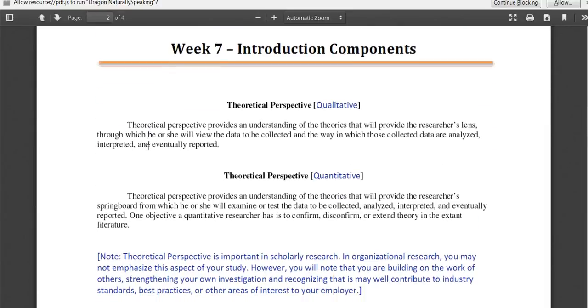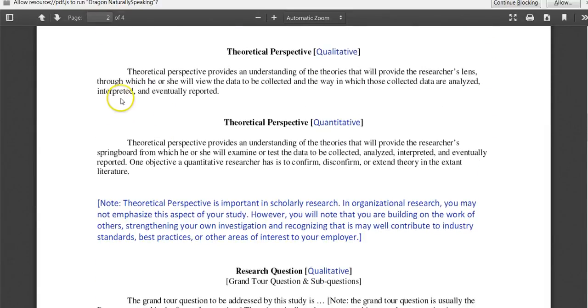Okay, now we move to a little more divergence for qual and quant, because theoretical perspective is different depending on which paradigm you're in. And remember that paradigm, when we say qualitative, we're talking about a way that we think about research.